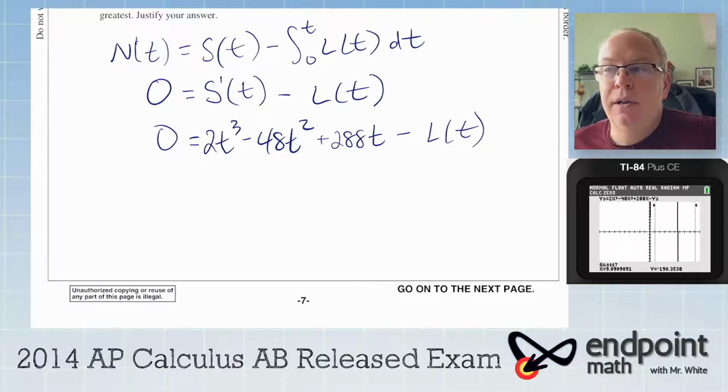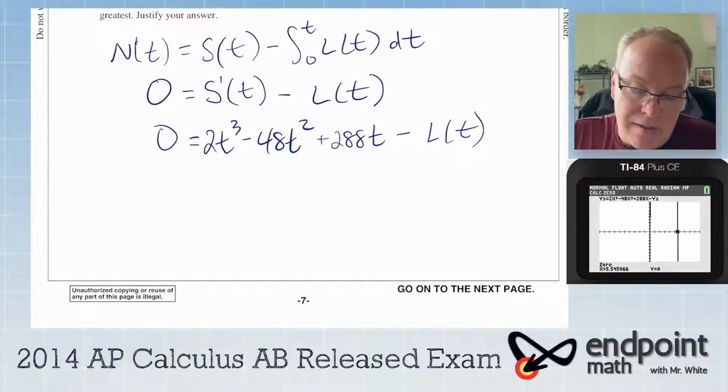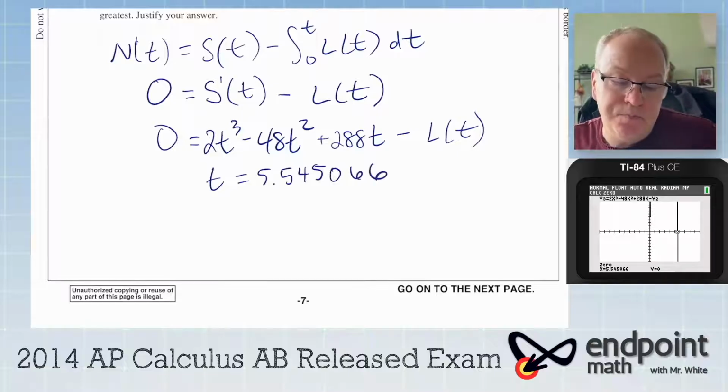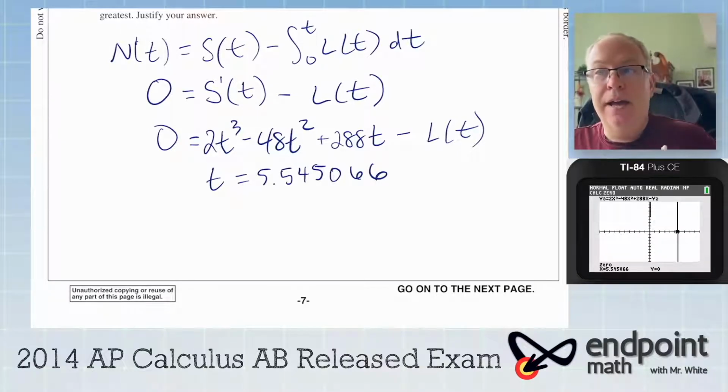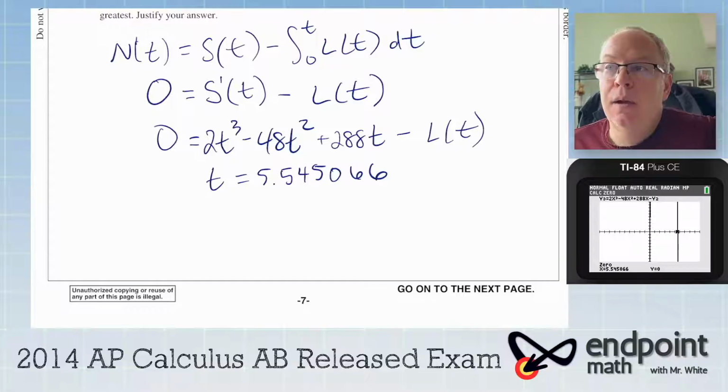So we want a zero in that region. And sure, the guess can just be that. And we hit enter. Zero is at 5.5450066. All right, so now x has that number in it.